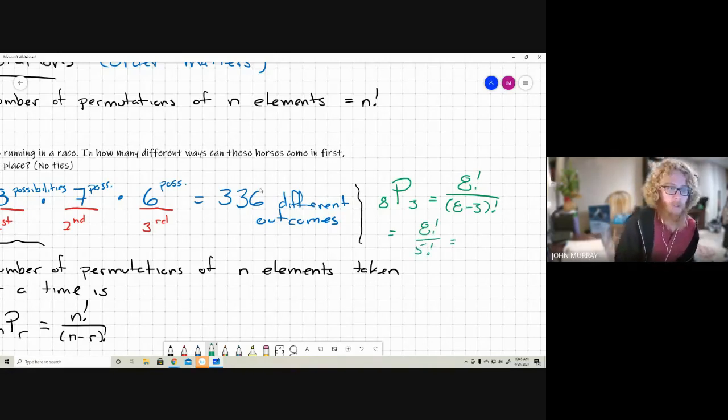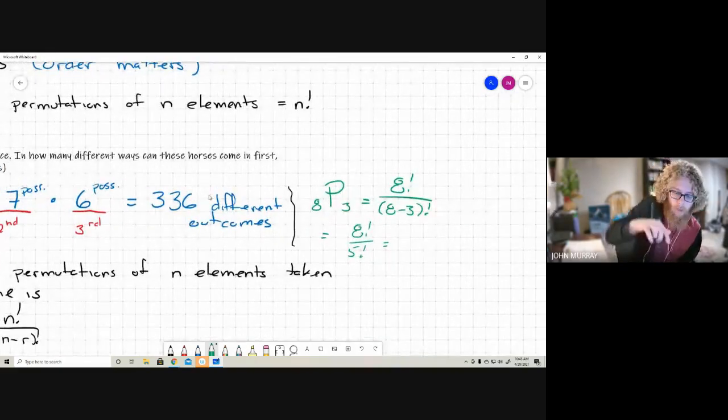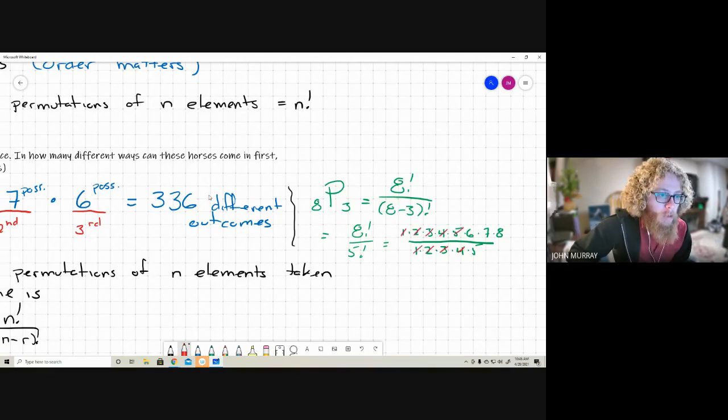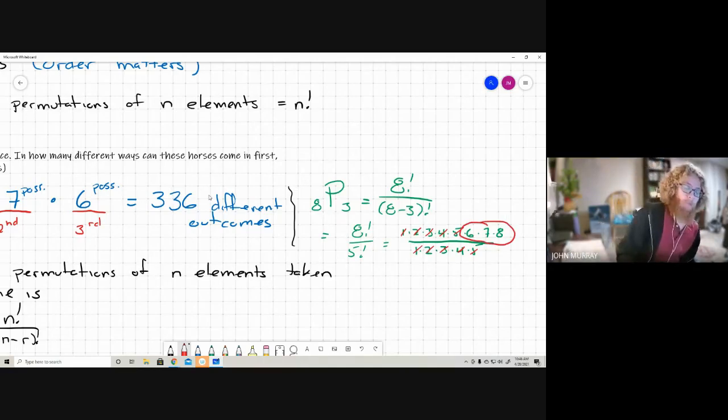Now remember how we dealt with this. I can write everything out here: 1 times 2 times 3 times 4 times up to 8. And in the denominator, I'm going to have 1 times 2 times 3 times 4 times 5. And when we eliminate, look at what we're left over with: 8 times 7 times 6.